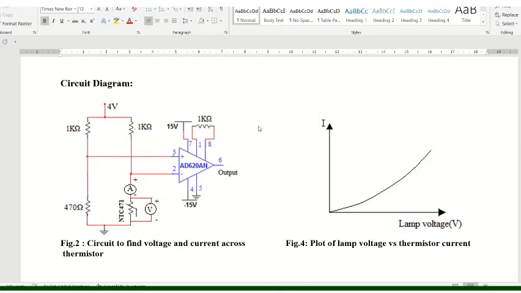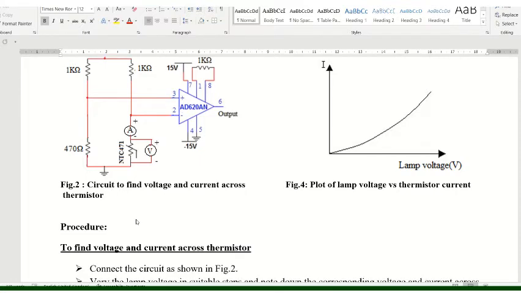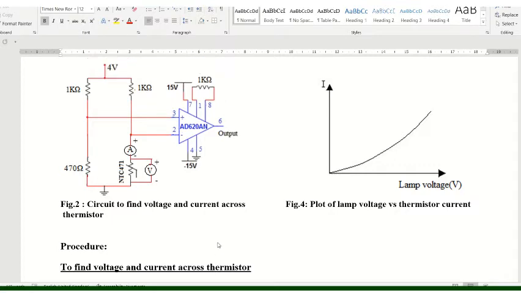The circuit diagram is shown for conducting the first part of the experiment, to find the voltage and current across the thermistor. To do that, we are using this bridge network. As you can see, this is the Wheatstone bridge.